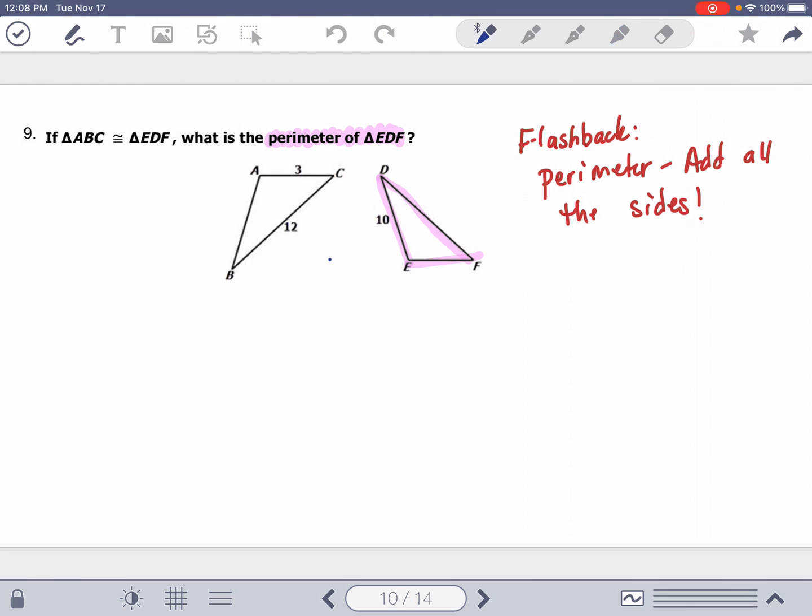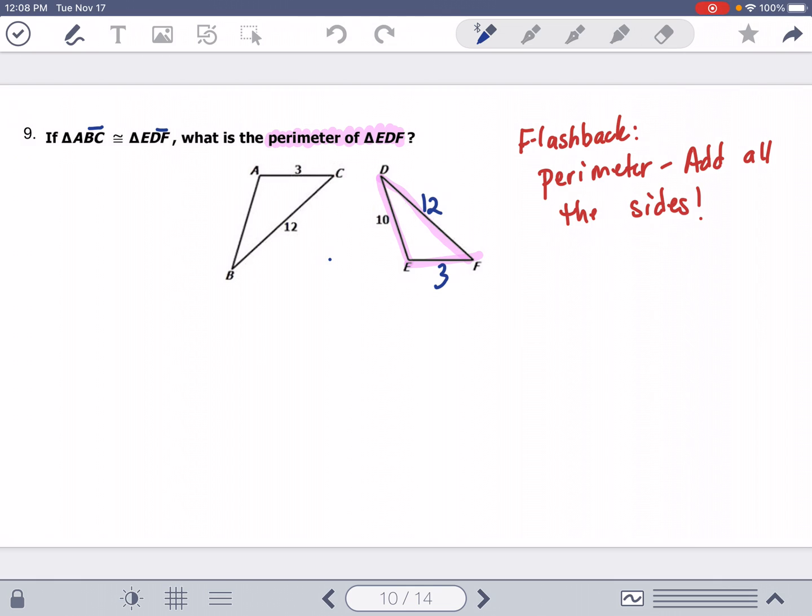All right, AC is 3. AC corresponds with EF, so EF would be 3. BC goes with DF, so DF would be 12. Now do I have all three sides of triangle EDF?